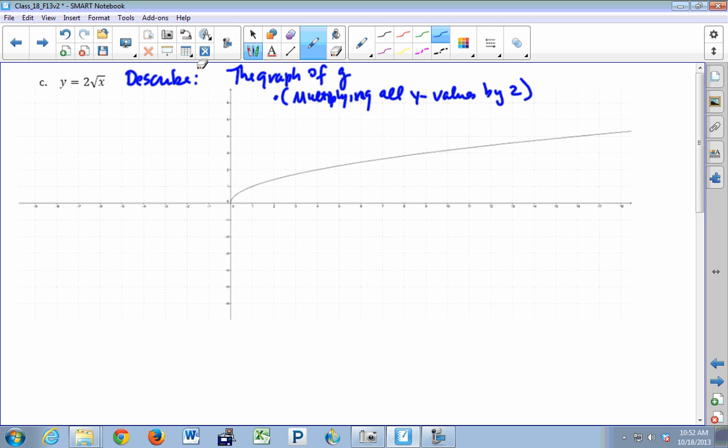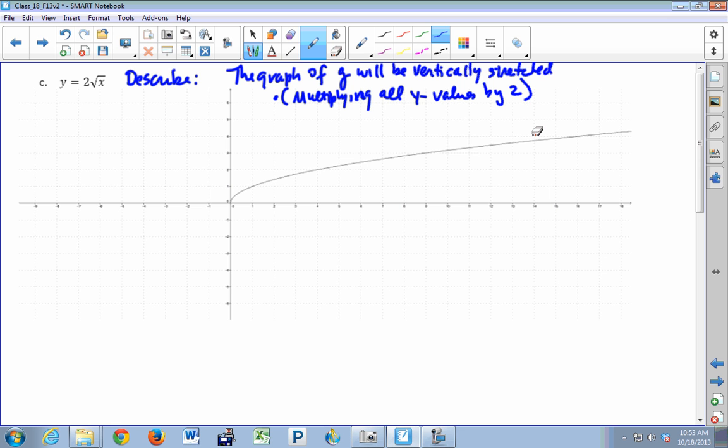What kind of transformation is that, using the language from Wednesday's class? Vertical stretch, right? So the graph of G will be vertically stretched.